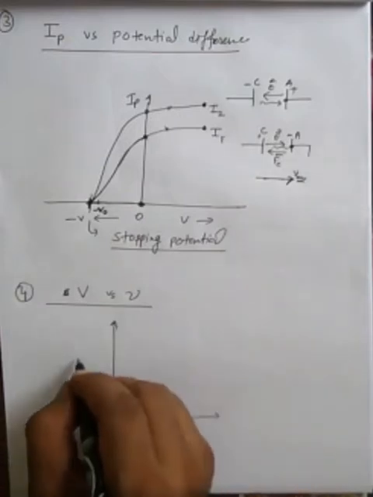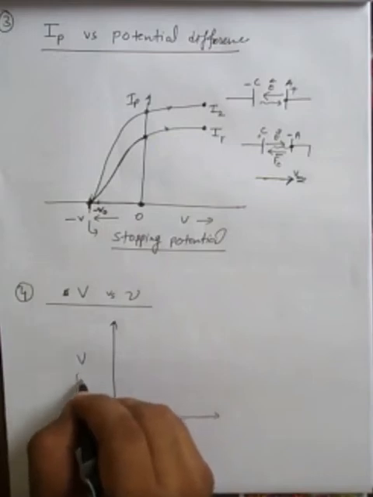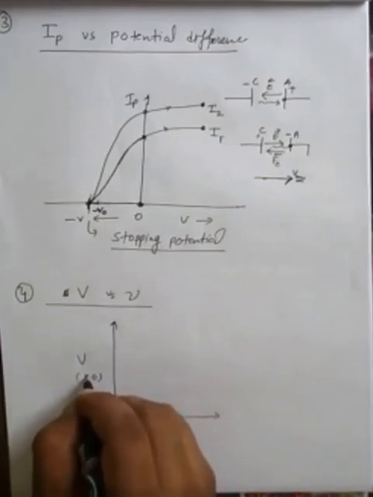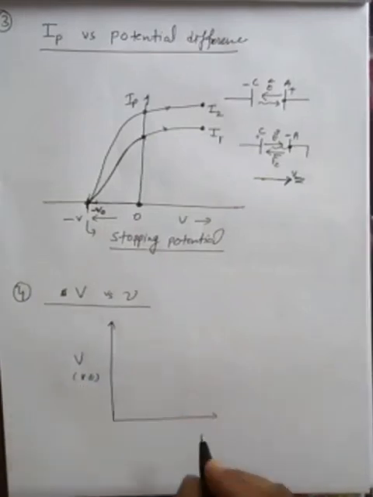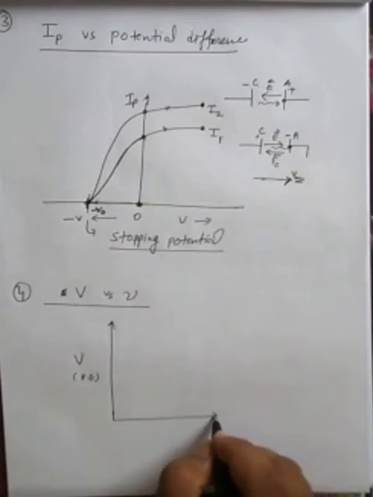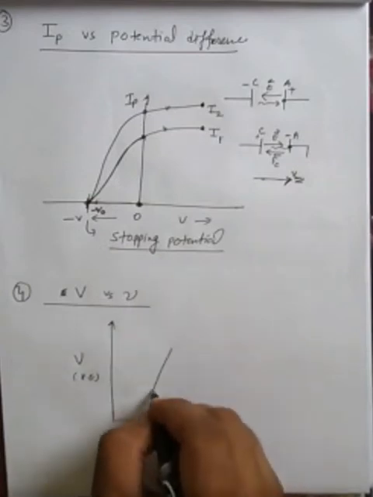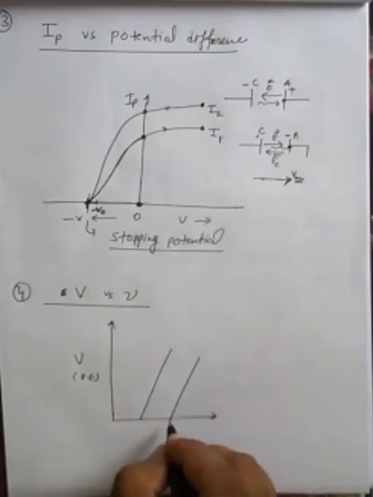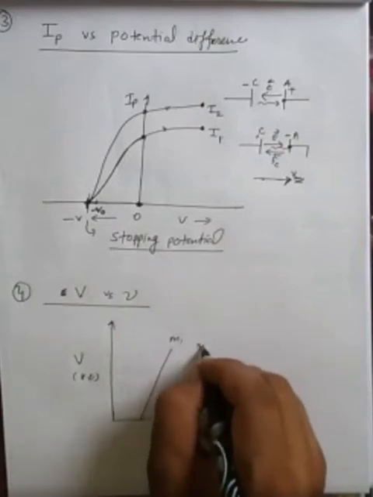The stopping potential is nothing but the kinetic energy, the maximum energy of the electrons, and they observed it for two different photosensitive materials, M1 and M2.